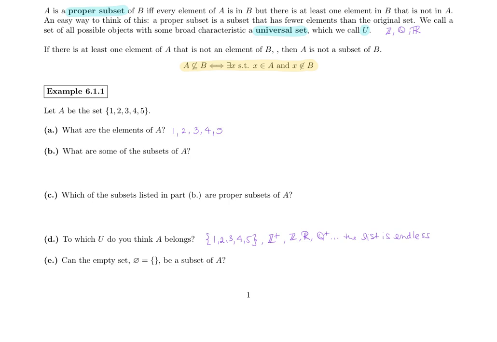Some of the subsets of A. Let's see, we would have maybe just 1, maybe just 2. How about 3, 4, and 5 together? Let's see here, maybe 1 and 5, maybe 2 and 4. We could do 1, 3, 5. That would be the odd integers in the set. There's a whole bunch of them.